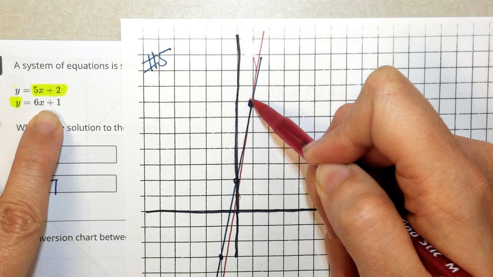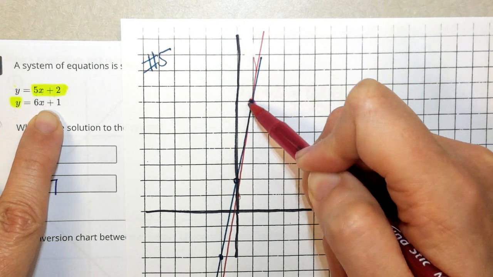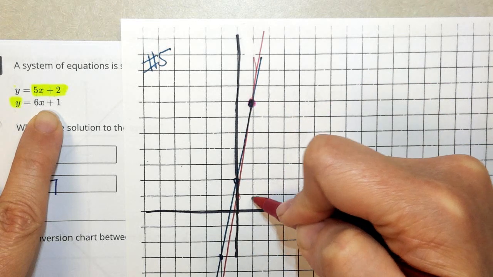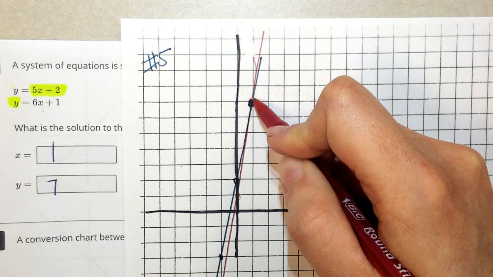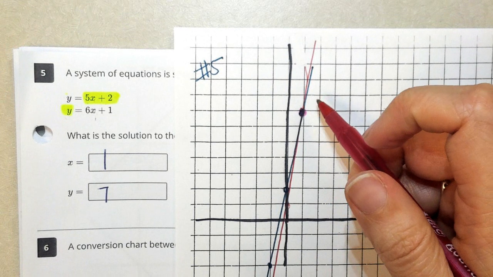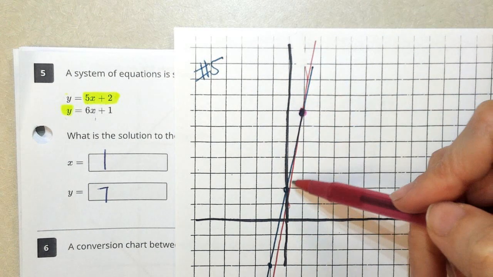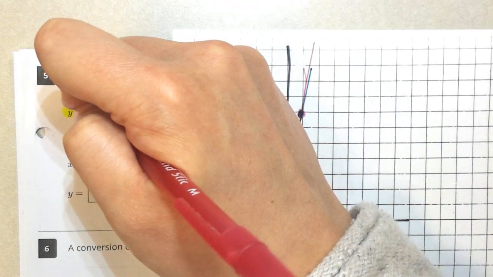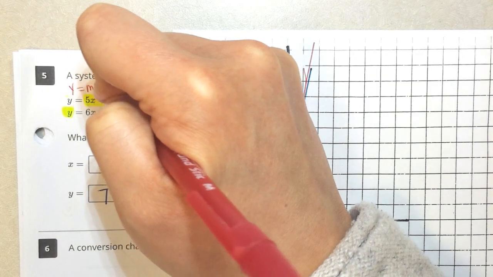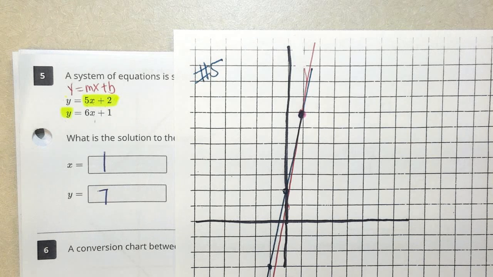They made this one pretty easy graphing-wise. So that point is at positive 1, 1, 2, 3, 4, 5, 6, 7. So an x value of 1, a y value of 7. So do not forget about the option of graphing things. If there's ordered pairs, try to graph it. If there is an equation, remember it's y equals mx plus b, and you can graph that. Okay?